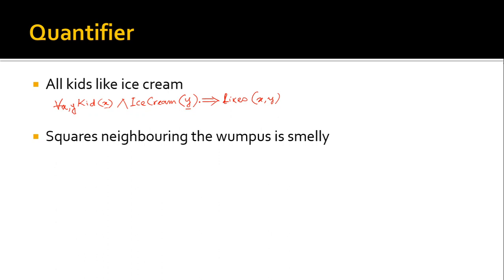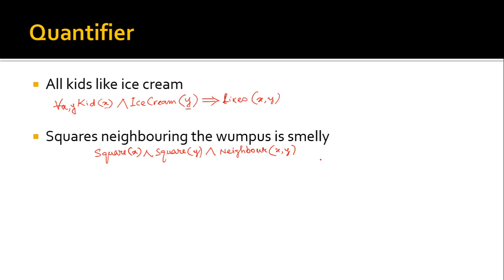So let us have two squares now: square X and square Y, right? Also I need to say that these two squares are neighbors to each other, so X is a neighbor of Y, right?